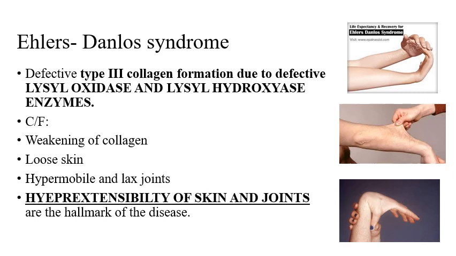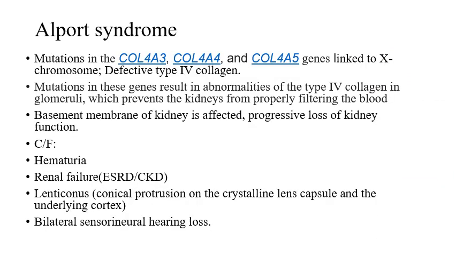Clinical features include weakening of the type 3 collagen. They will have loose skin, hypermobile and lax joints. The hallmark of this disease is hyperextensibility of the skin and the joints.